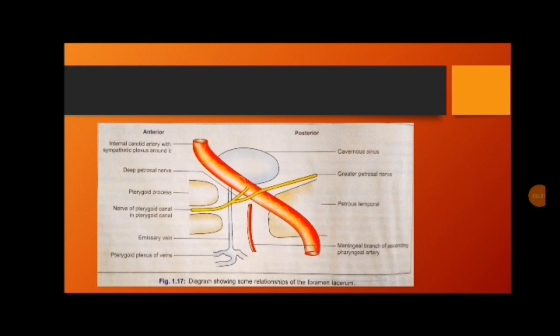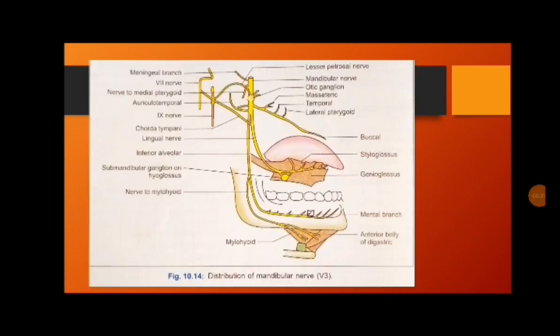It might be asked for 2 markers, but for MCQ questions and competitive exams, it's very important. And this is the mandibular nerve, the MALE which we have seen passing through the foramen ovale. Then this is the diagram of the mandibular nerve and its distribution.